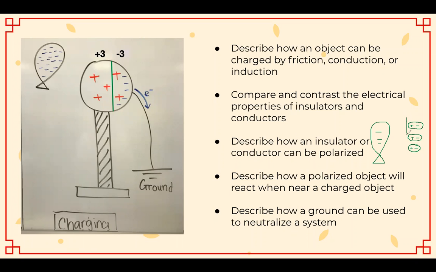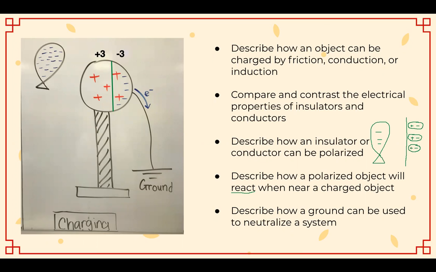So in this case, let's say this is a neutral but polarized wall. I can see the wall is clearly an insulator because the electrons didn't leave the atom. They didn't go over here. This proton and this electron have completely dissociated from each other, so I know that must be a conductor. Now, a polarized object near a charged object always attracts, because the electrons always move to where they need to move to cause attraction.